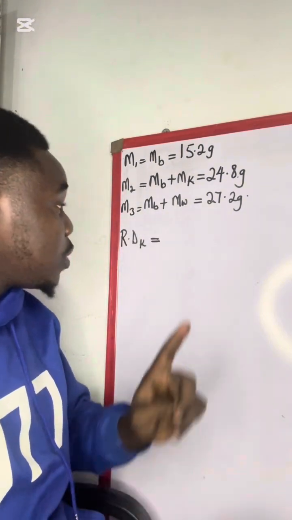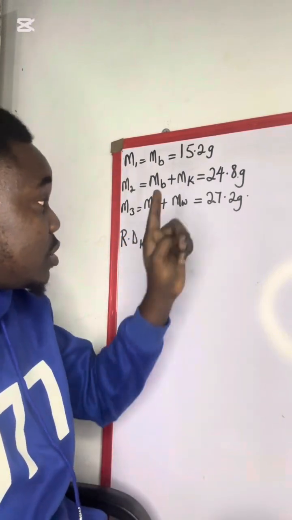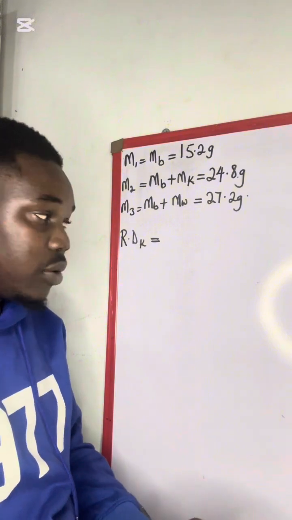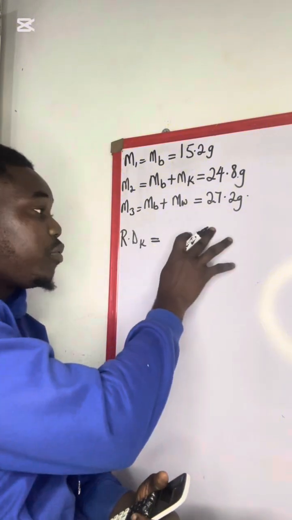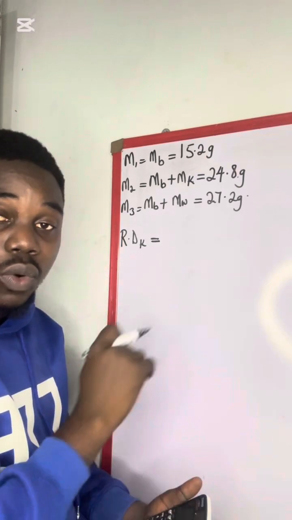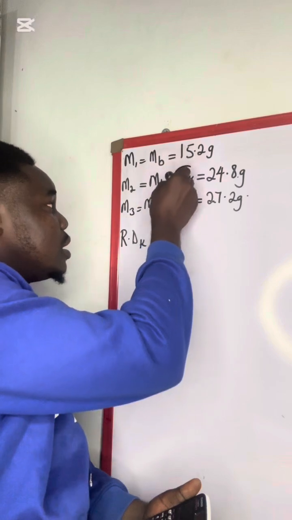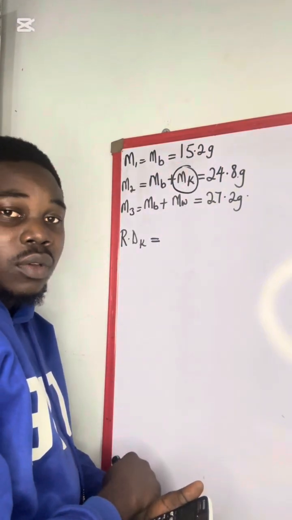I'm sure you're going to know, we're going to apply the formula for the liquid because kerosene is a liquid. The formula says mass of liquid divided by mass of equal volume of water. Now, how do we get the mass of the liquid itself? In this case, kerosene. You agree with me?